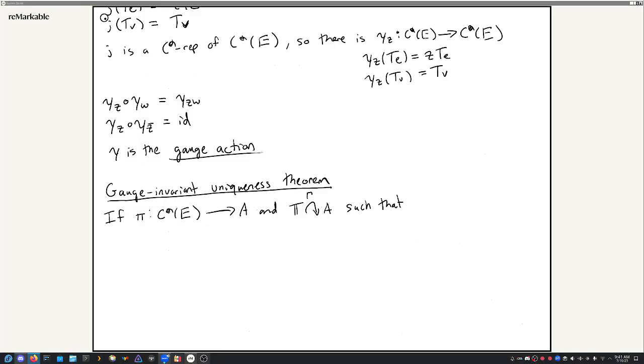So by that I mean gamma sub Z composed with pi is equal to pi composed with gamma Z. Then you have pi is injective if and only if pi of each vertex projection is not 0.